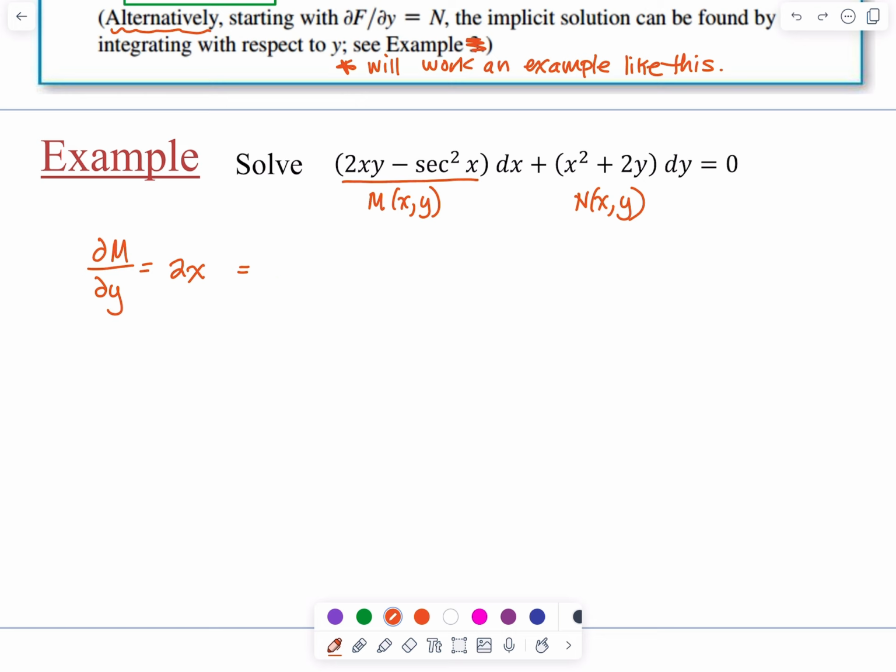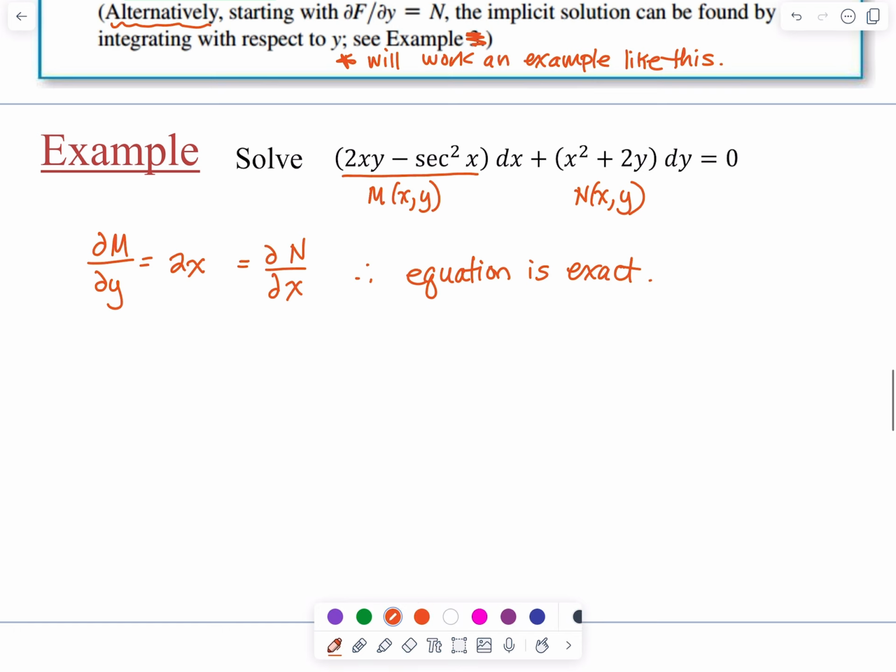That is also 2x, the partial derivative of N with respect to x. And so therefore, our equation is exact.